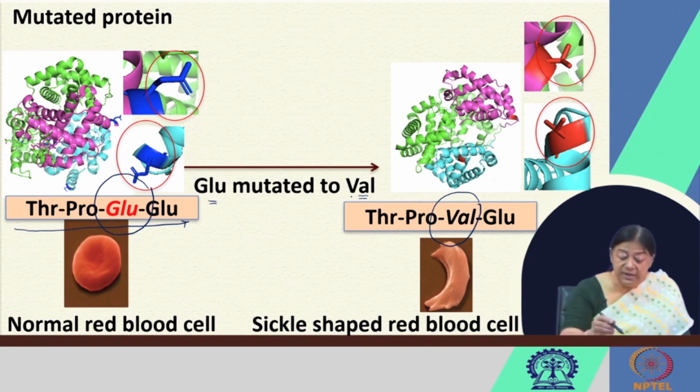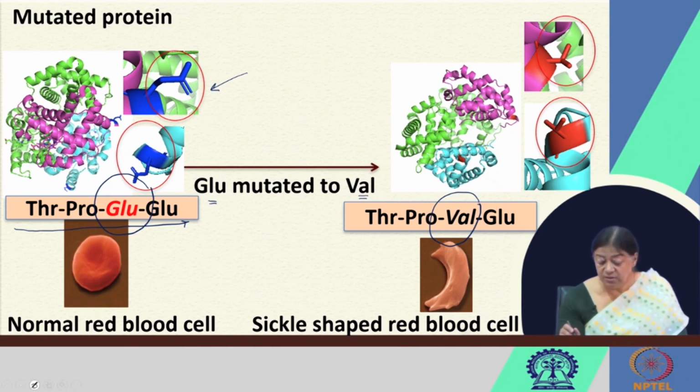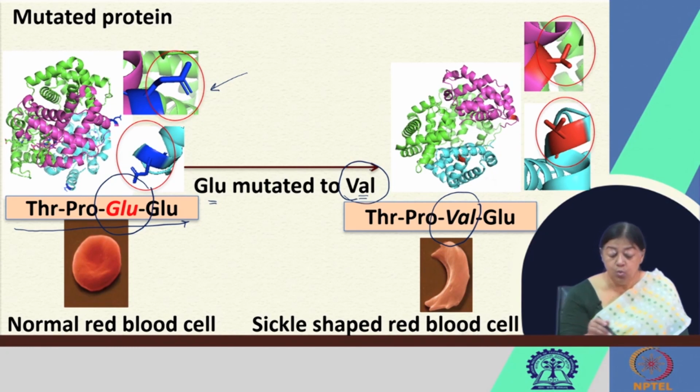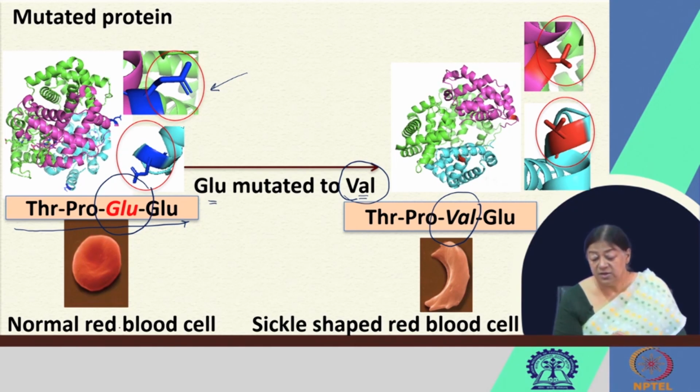So, the glutamate that is on the surface of the protein and the valine which is formed on mutation would not prefer to be on the surface of the protein, rendering it a different character altogether.